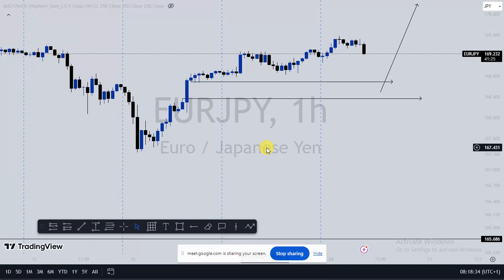That's where we have manipulation and then distribution. In a bearish week you want to see price start buying first before it starts selling. In a bullish week you want to see price start selling first before buying, because sometimes you have a liquidity grab and then a change of character or structure before the continuation to the upside. So all those things are what Monday will give you a view of.